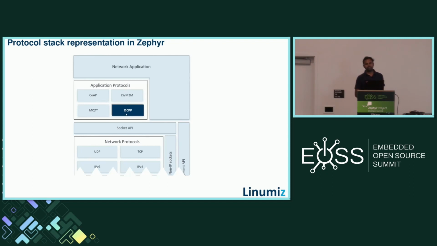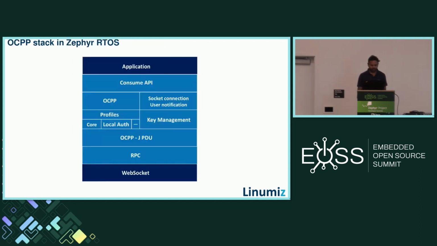OCPP sends messages using the socket APIs, especially the WebSocket APIs, to the central system over any network interface like Ethernet, Wi-Fi or a modem. OCPP also exposes a public API for the application use case, so the application can directly use those APIs to send data to the central system and back and forth.